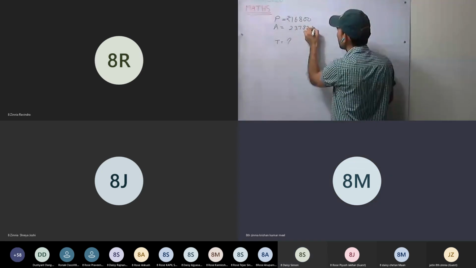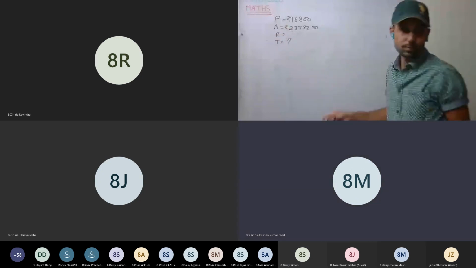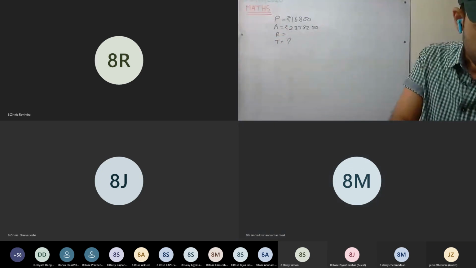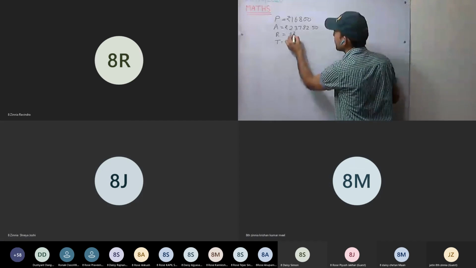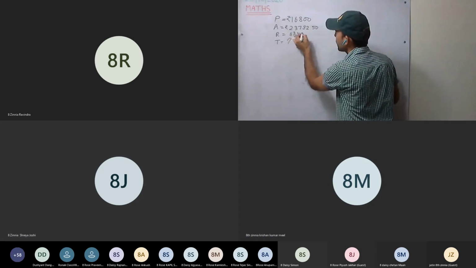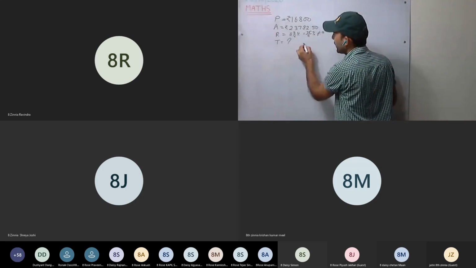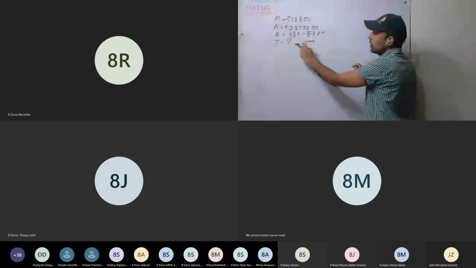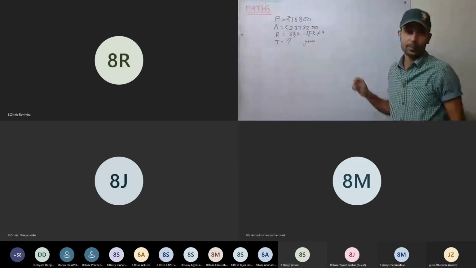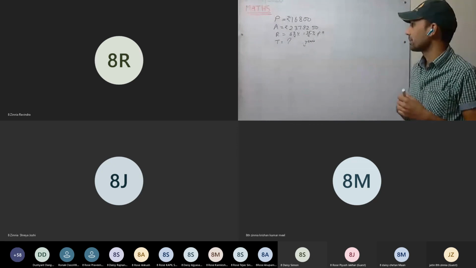Rate is how much? 8 3 by 4, that is 35 upon 4% per annum. So the time will be in years because the rate is per annum. Therefore, the answer will be in years. This is clear. Now you can calculate.